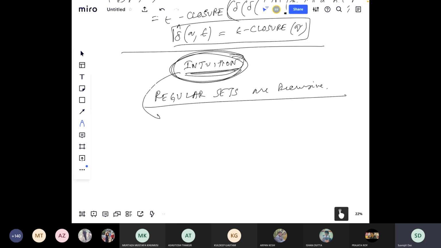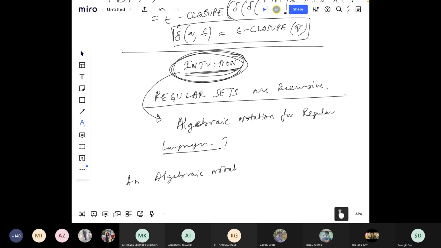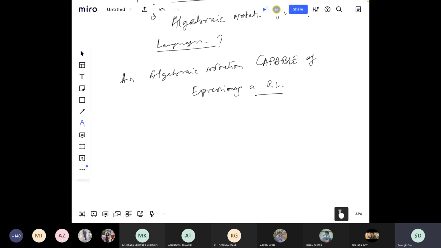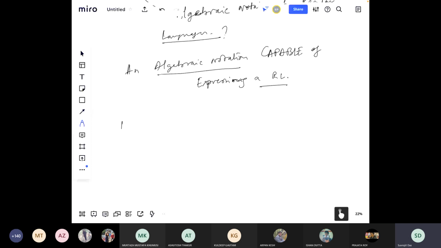An algebraic notation capable of expressing a regular language, right? And what is that algebraic notation called? It's called a regular expression. It's an algebraic expression that expresses the language.